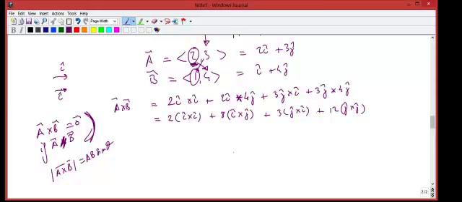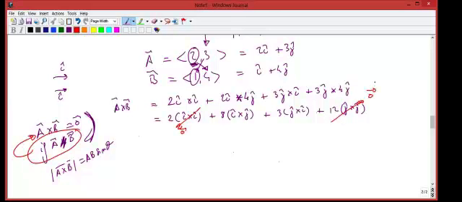Which one of the two? Anybody in here? Yeah, they're parallel, right? Therefore, if they're parallel, what is the result of their cross product? Excellent. That's it. Zero vector. Zero vector.